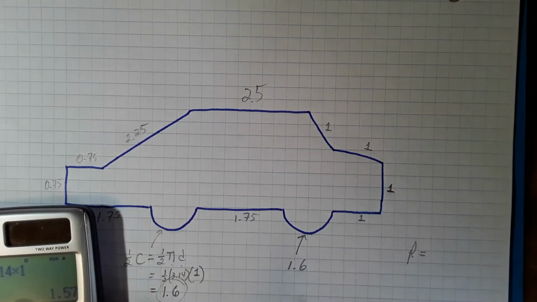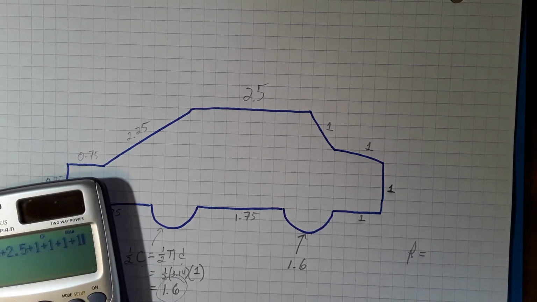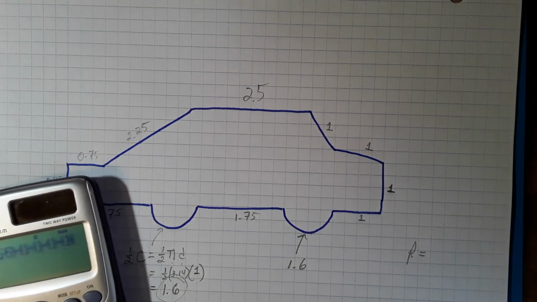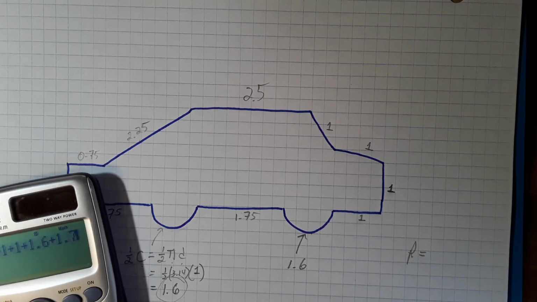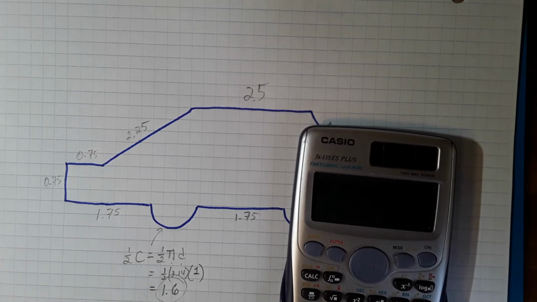I'll do it quickly. 2.25 plus 2.5 plus 1 plus 1 plus 1 plus 1 plus 1.6 plus 1.75 plus 1.6 plus 1.75 plus 0.75 plus 0.75.